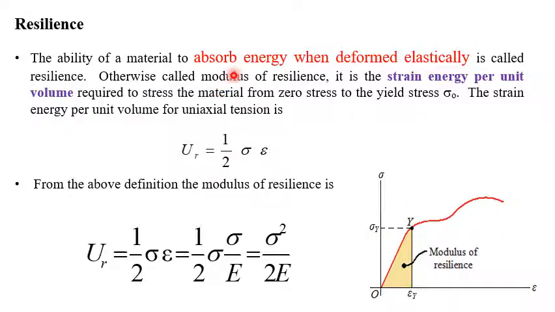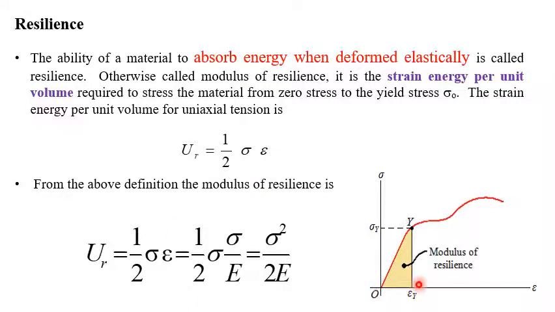Resilience is the ability of a material to absorb energy when it is deformed elastically. This is a very important one. We measure that energy per volume, the strain energy per unit volume. From a simple stress strain curve, the modulus of resilience is equal to half into base into height, that is half into epsilon naught into sigma.